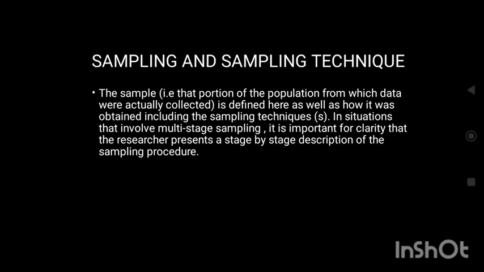Let's assume that your population is public senior secondary schools. And then in these public senior secondary schools, you decide to work with only SS2 students across all these public secondary schools. That SS2 student that you are using now stands as a sample of the whole population, because you are not using the whole population.